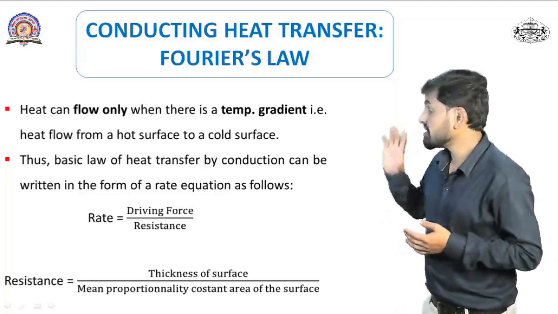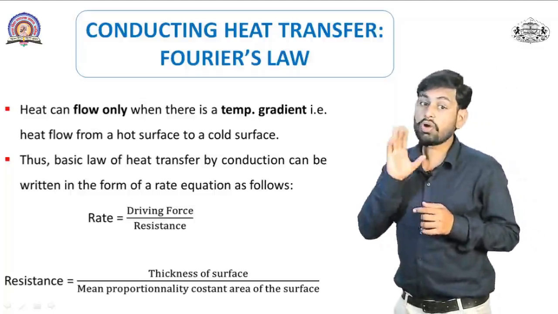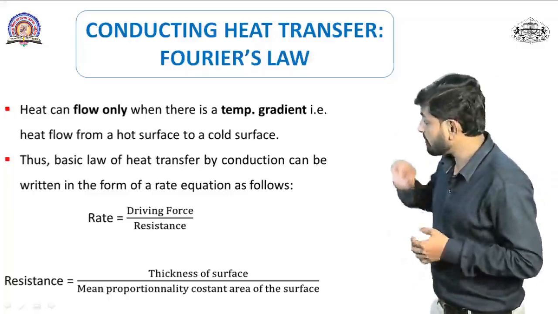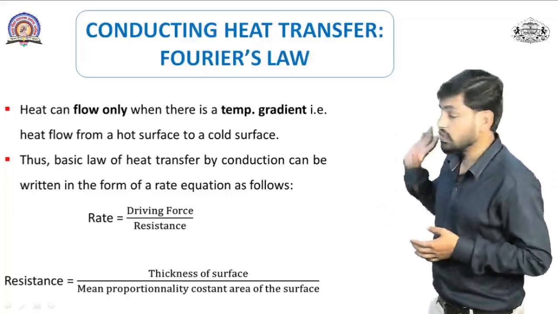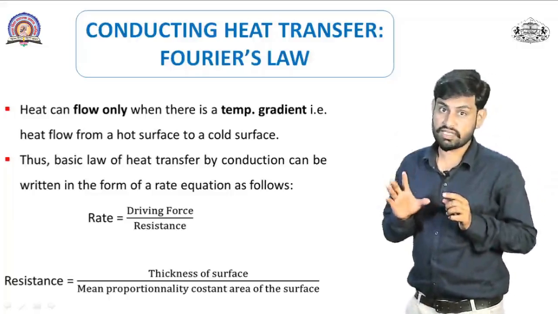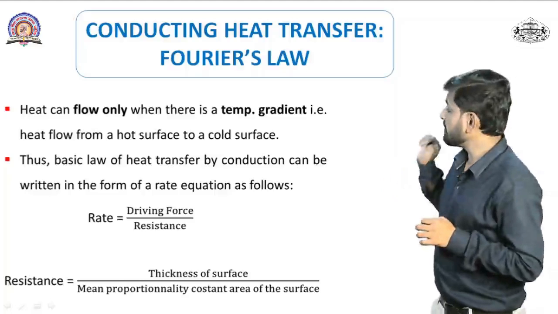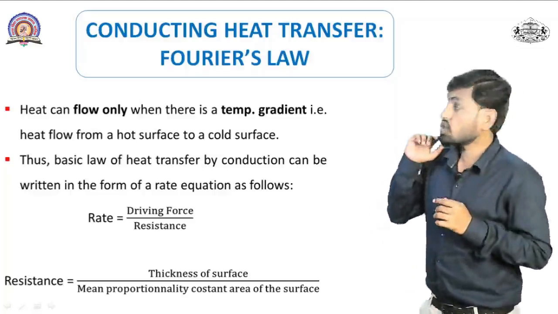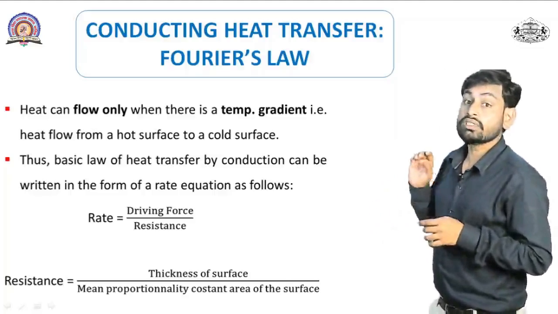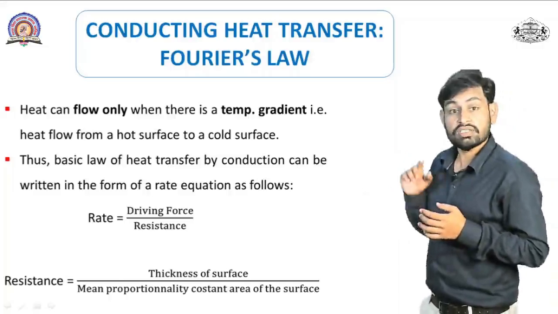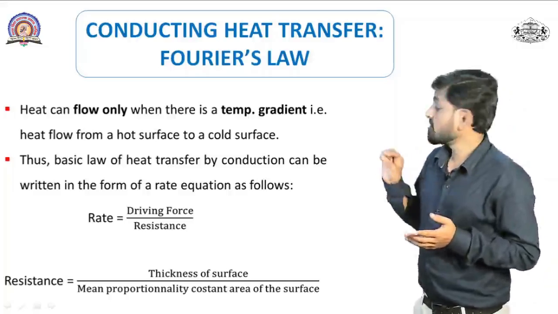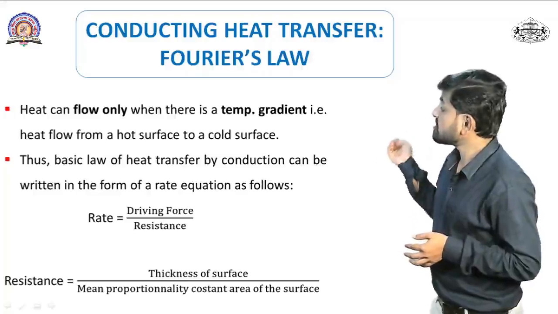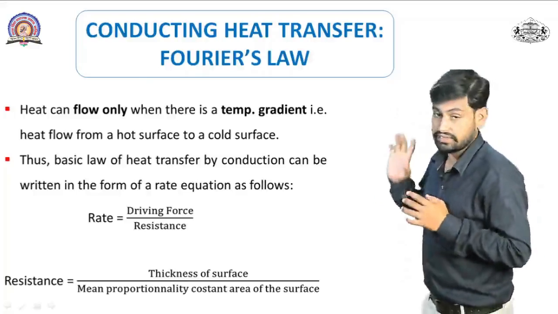The resistance is equal to the thickness of the surface upon the proportionality constant times the area of the surface. That is the formula for resistance, and resistance is used to find the rate.